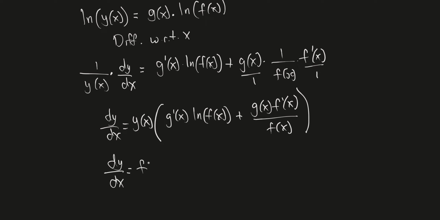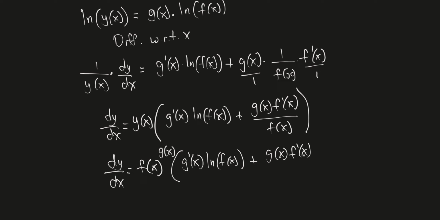I think more importantly, it's the process that we're doing here. So we have this raised to the power g, and then everything in parentheses gets brought down, right? Told you these functions, they're tricky because they're neither power nor exponential, right? And there we go. So that's what it looks like.